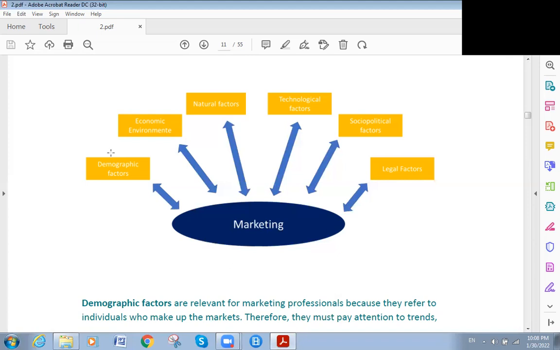So you'll say 50% male, 50% female, or 60% above 60 years old, and 20% younger than 20 years old, and so on. So these are what we call the demographic factors.